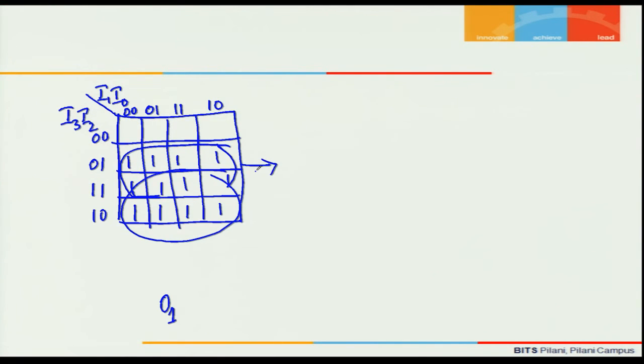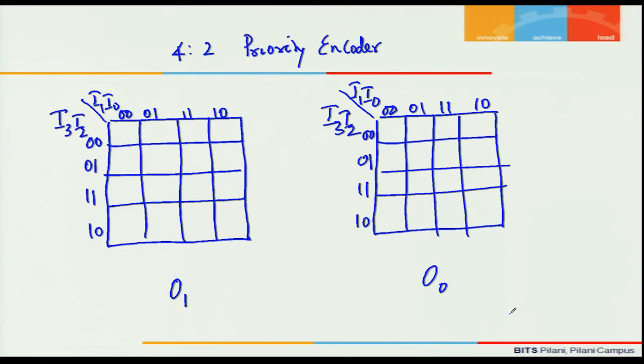Group 1 results in I2, group 2 results in I3. So we get O1 as I2 plus I3. Similarly, you can draw the map for O0 and then get the circuit for O0 implemented. Put them together, we get the 4:2 encoder designed using gates.